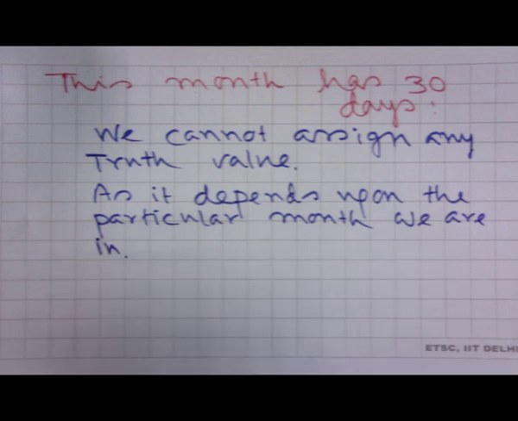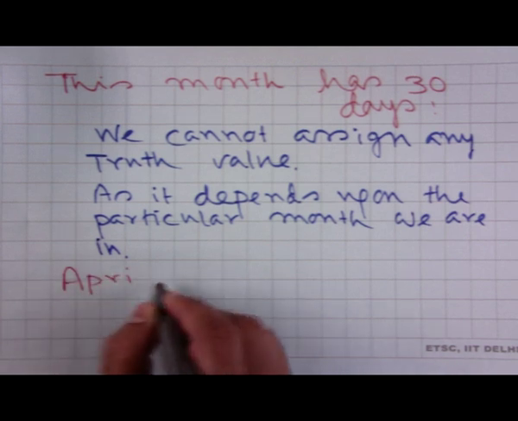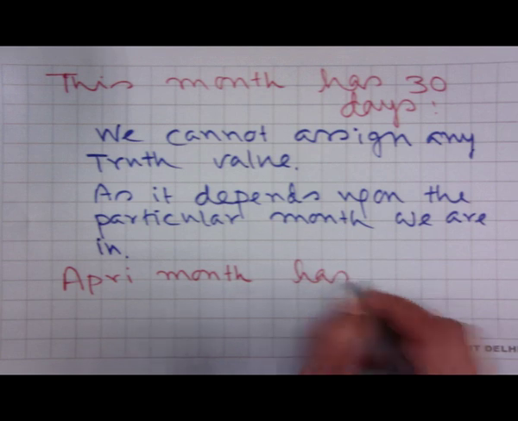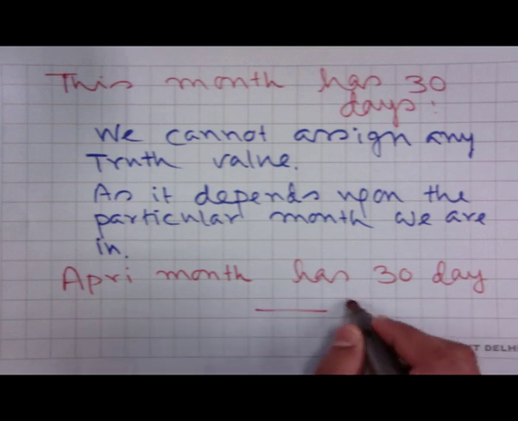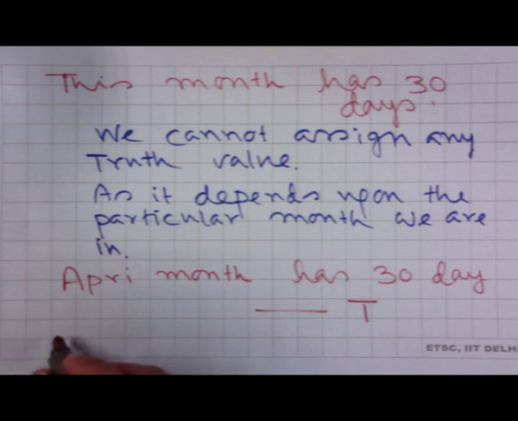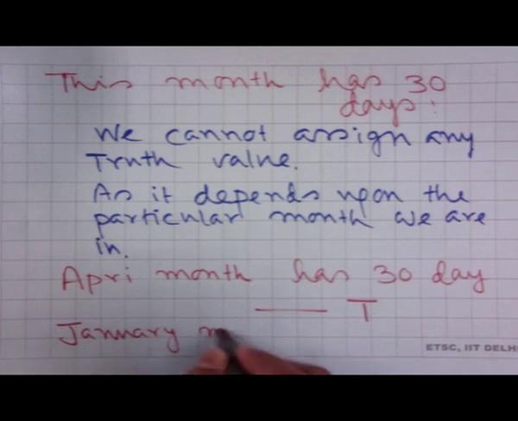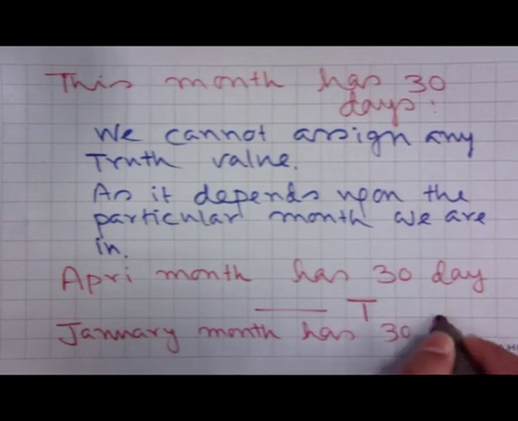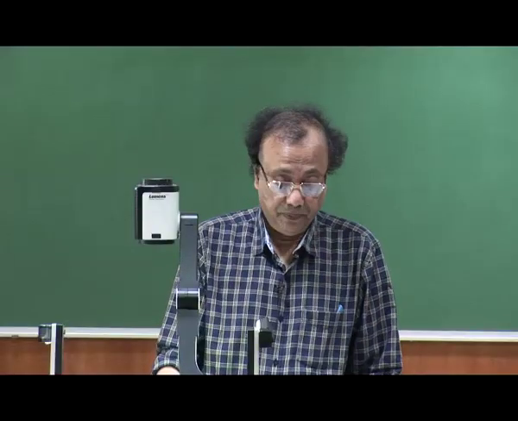But if I write that April has 30 days, then this is true. Or if January month has 30 days, then it is false.